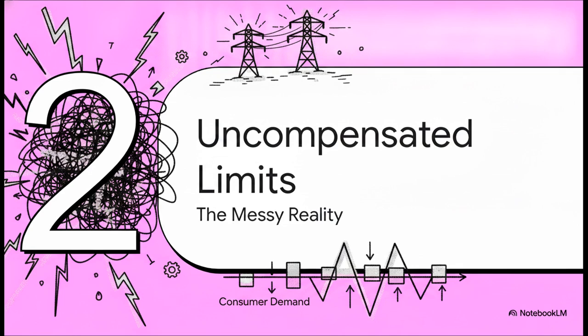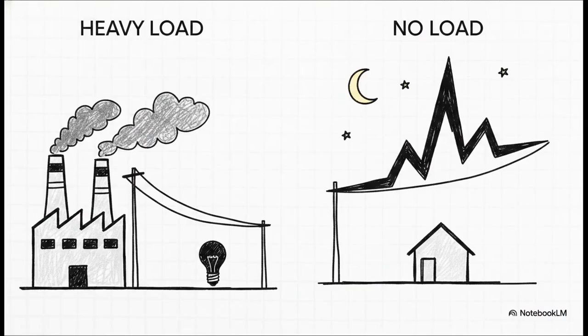Let's move to Section 2, the limits of uncompensated lines, or what I like to call the messy reality. On slide 8, we see that raw, uncompensated lines actually face 2 massive limitations. First up, look at point number 1. When we have heavy industrial and commercial loads that exceed that SIL we just talked about, the line's inductance absorbs way more reactive power than the capacitance can generate.